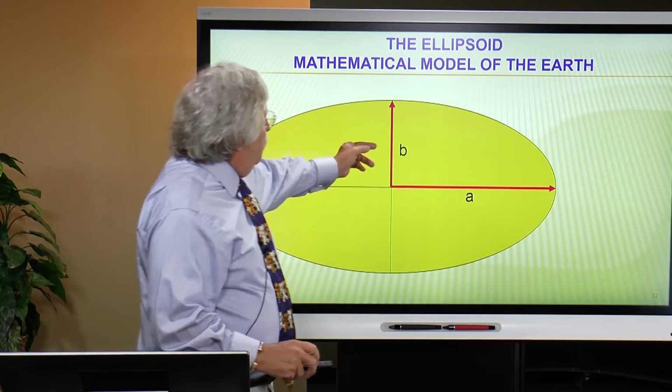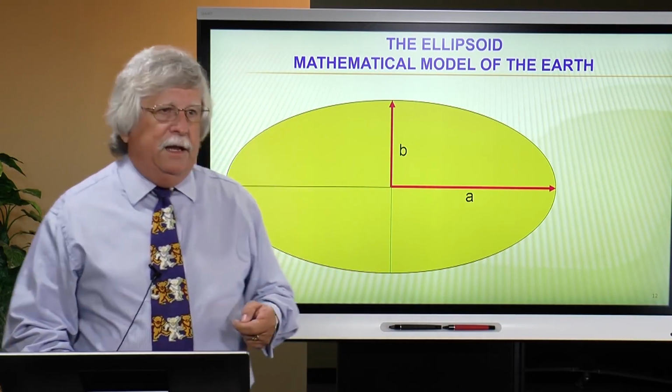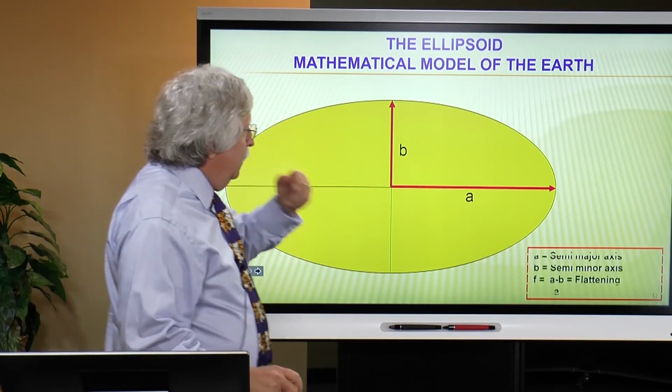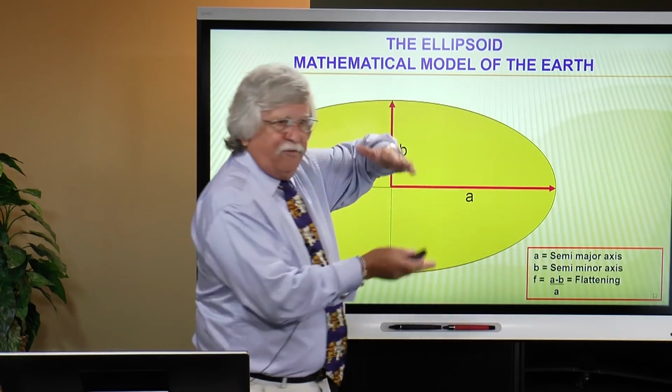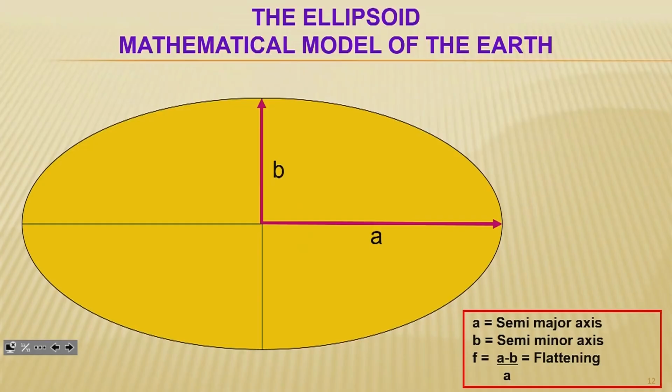Little b, or the semi-minor axis, or the rotational axis, and here's where the big math comes in. That f, which is the flattening, the ratio of the flattening, is a minus b divided by a. So fairly simple, but it requires having measurements.